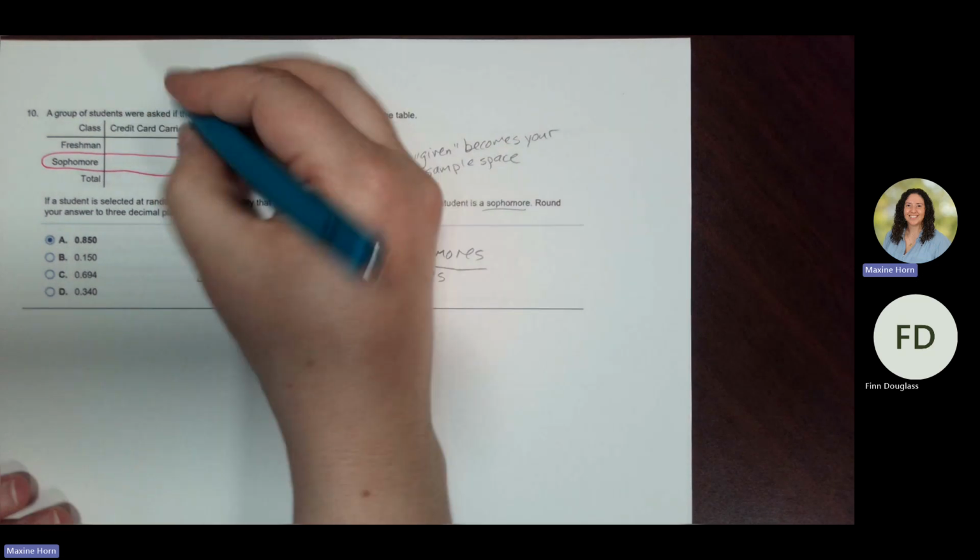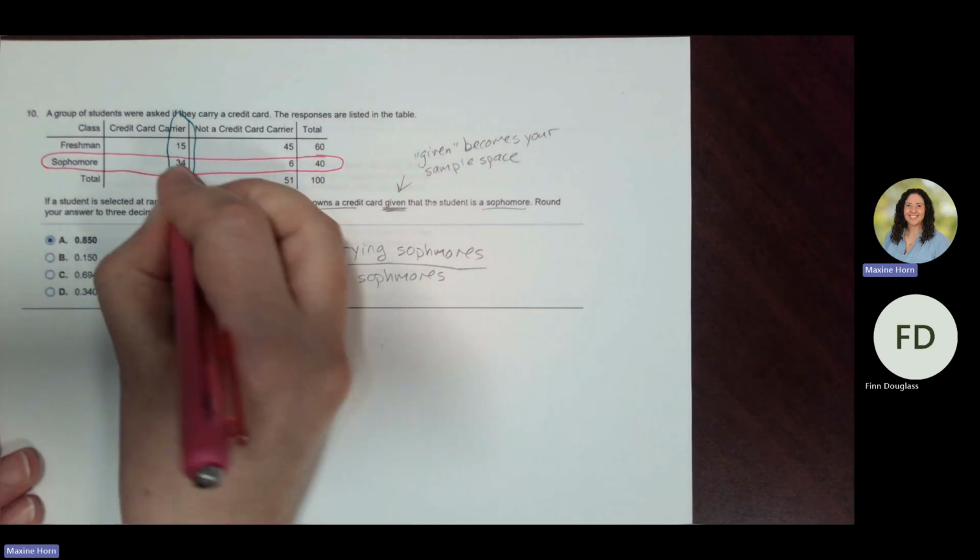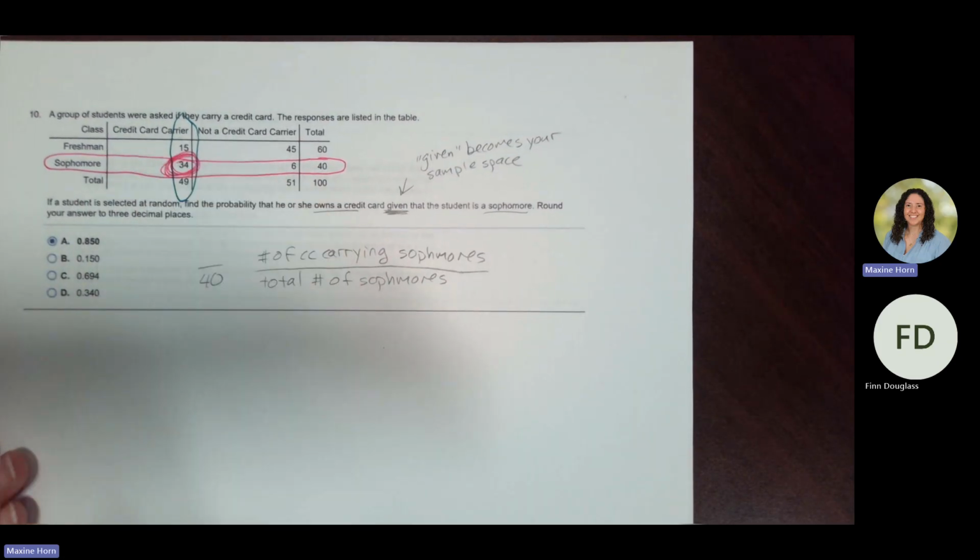Right? So they're talking about that somebody owns a credit card. That's this column right here. But remember, we're only allowed to look at what was the given. We're only allowed to look here. So this number right here is the only number we're allowed to look at from this owns a credit card column, right?